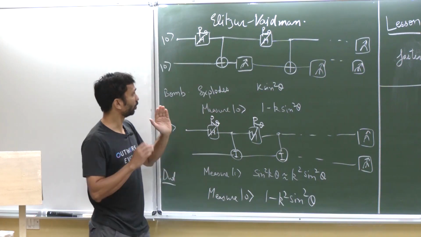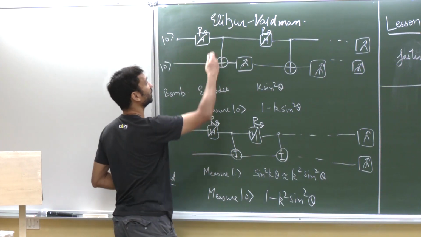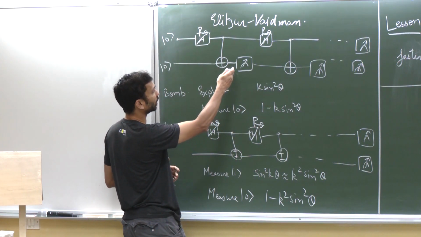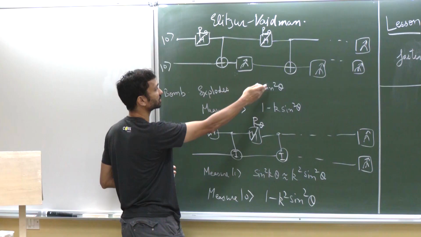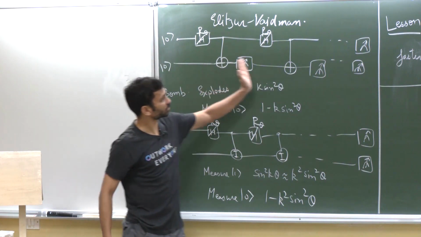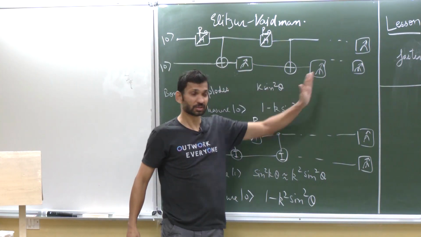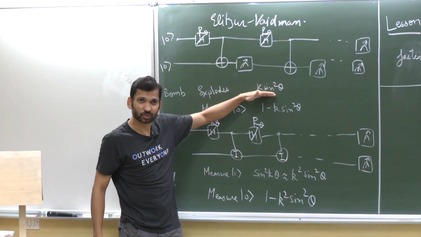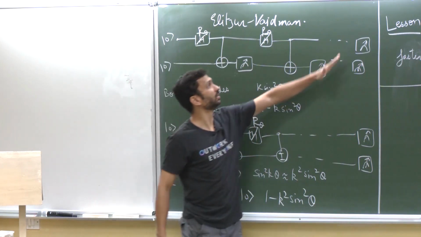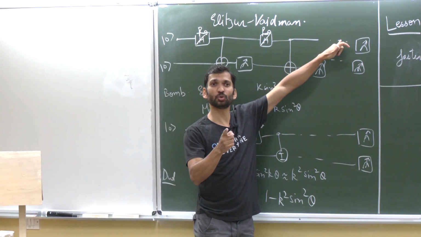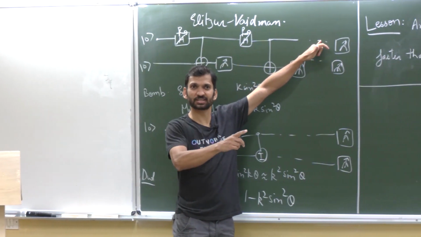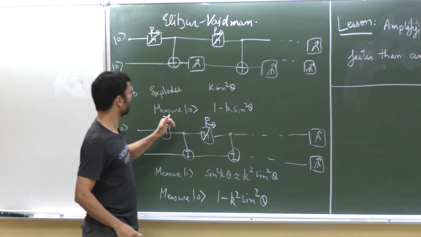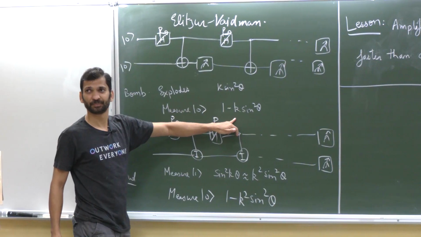Once more, the probability that the bomb explodes, or I measure 1 here, was sine square theta. I am doing this experiment k times, so the probability that it explodes is at most k sine square theta. In the remaining probability, this state will go to 0. As soon as I measure and it doesn't explode, this gets set to 0 again. So I measure 0 with this probability.